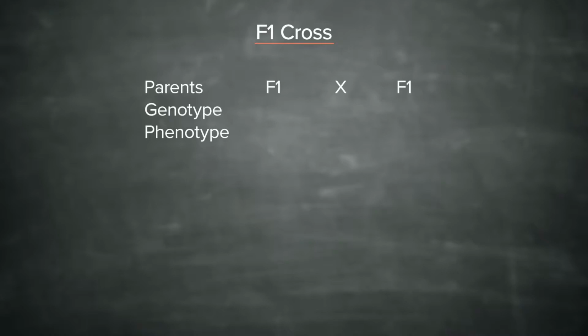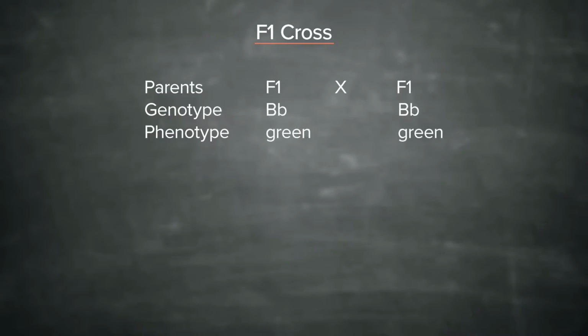So here, the parents, the genotype and the phenotype, the parents would be the F1 crossed by the F1. And from our previous board, those F1 plants have the genotype big B, little b, both of them. And the phenotype they have is green.